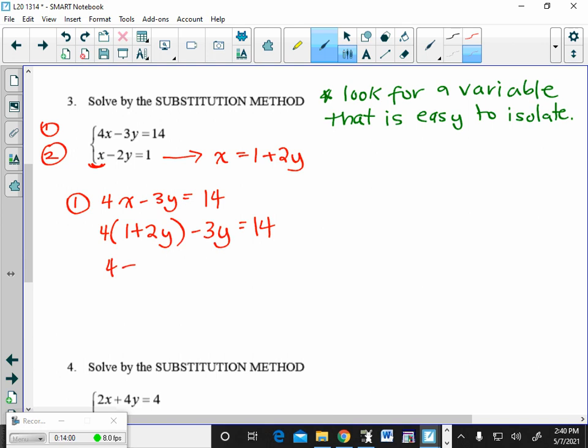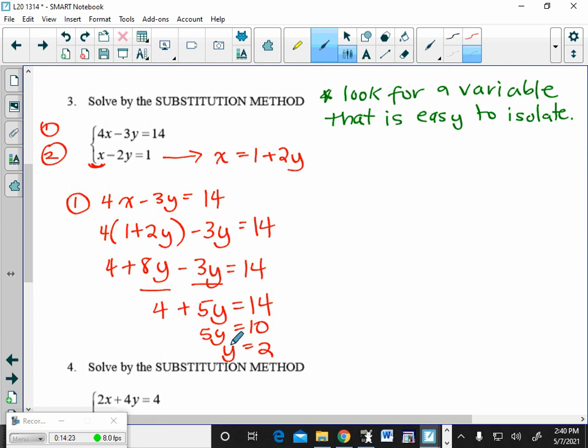Let's go ahead and distribute that 4 and add our like terms together. So 4 plus 5y equals 14. And we have, subtract 4 from both sides, 5y equals 10. And we have y equal to 2.